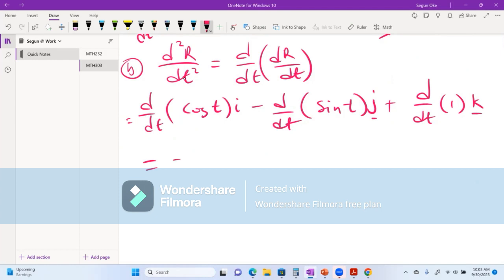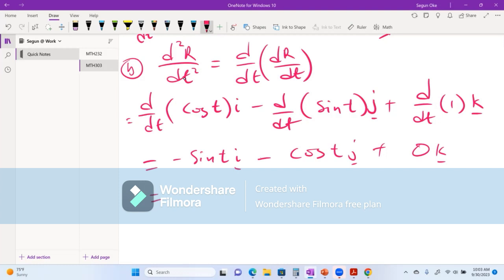Minus sine t I minus cos t j. Because when you differentiate sine, you have cos t. Then when you differentiate this, you have plus 0k. Because when you differentiate a constant, you have 0.